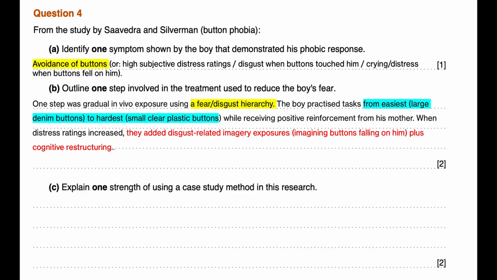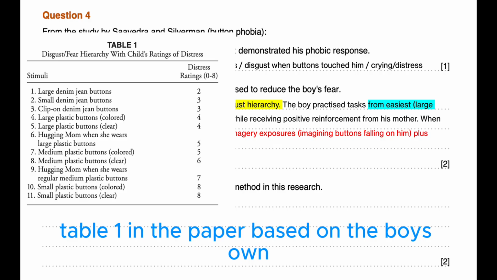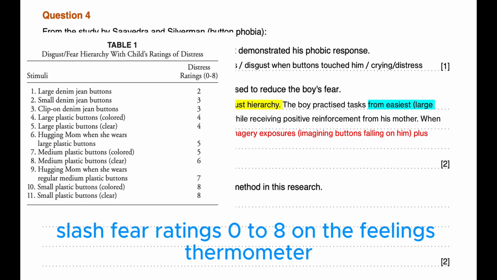The researchers used a graduated exposure hierarchy, Table 1 in the paper, based on the boy's own disgust/fear ratings, 0 to 8 on the feelings thermometer.